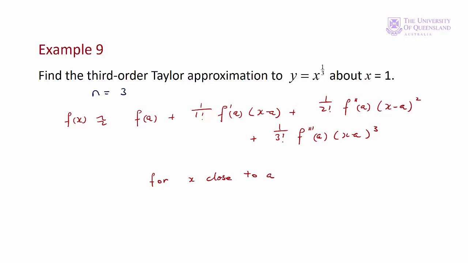Our first step then is to find values for f of a, f prime a, the second derivative evaluated at a, and the third derivative evaluated at a. We'll first find the derivatives, and then we'll evaluate them at a. The function f of x is equal to x to the 1/3, the cube root of x.